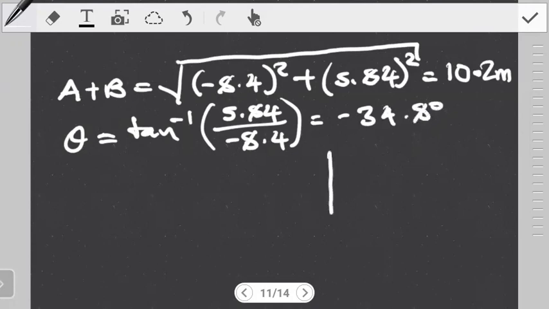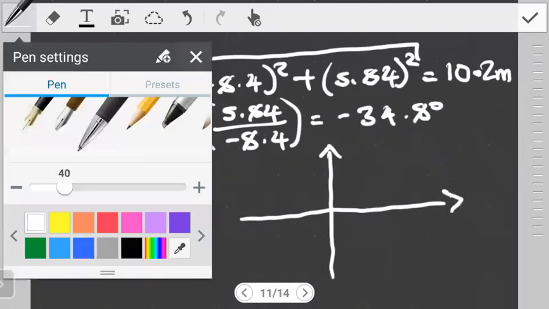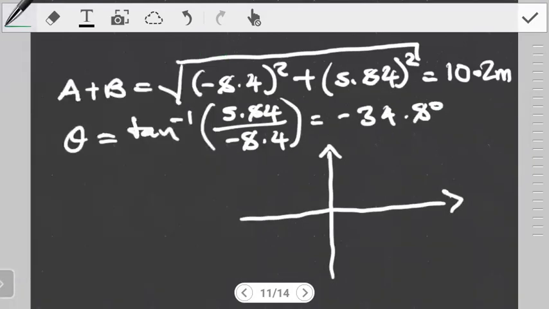If we try to sketch, some questions will specify that they want a graphical representation of the vector. Some questions will not. What I advise my students is to always show a graphical representation of the vector if they want the magnitude and direction, because that also helps you determine in which direction the angle you're given is measured.